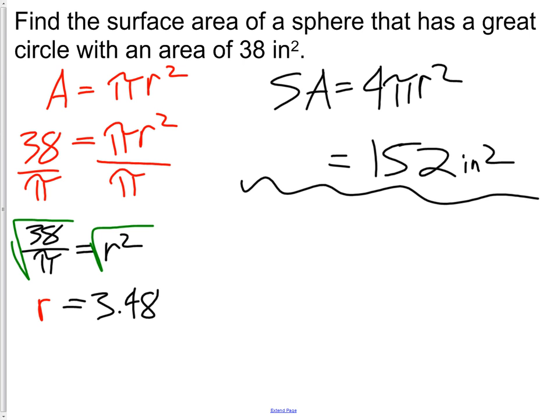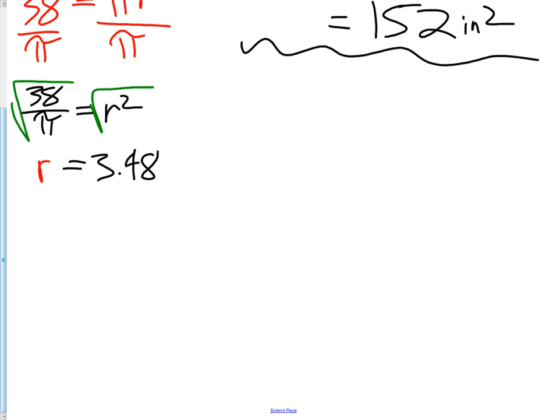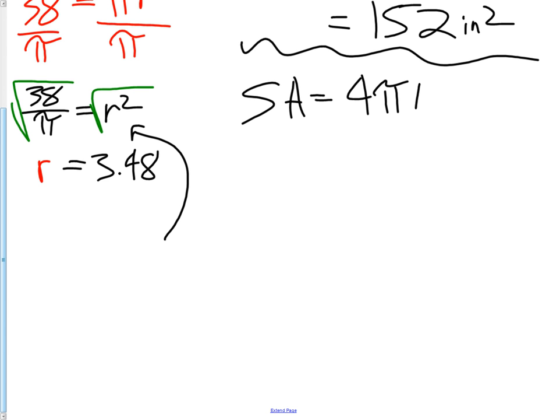But I'm going to show you something else, that as we work with the math, we should be able to get better at this and be able to identify things. Back at this step right here, I already knew what r squared was. Surface area of a sphere is 4 pi r squared. Well, what I could write here is 4 pi, and I already know that r squared is 38 over pi.